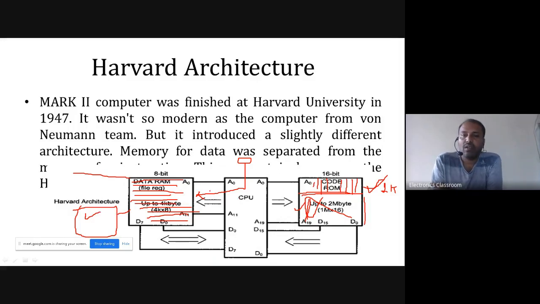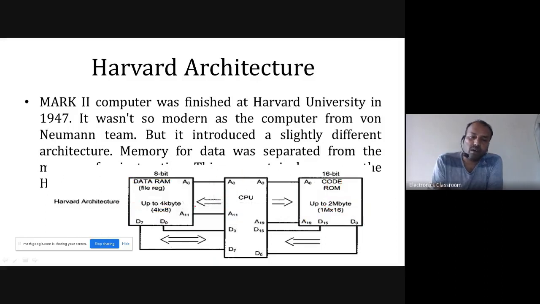Or suppose there is another case where you are not using data memory in your application. For example, you are writing a program to toggle LED status. In toggling LEDs, we will not require any data memory space. But let us assume that there are various steps, and those steps have completely filled or used this code memory.